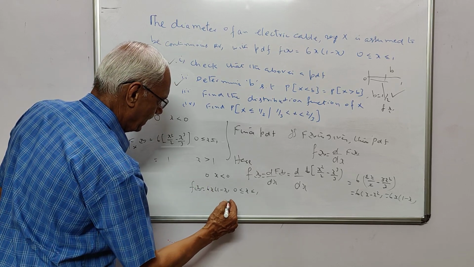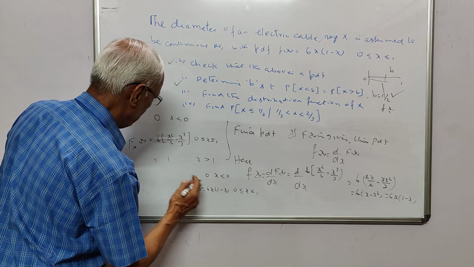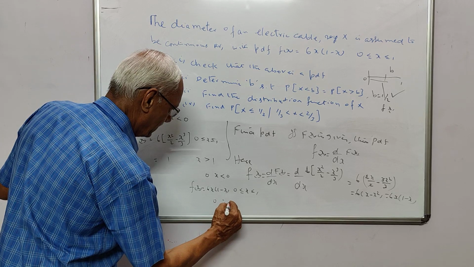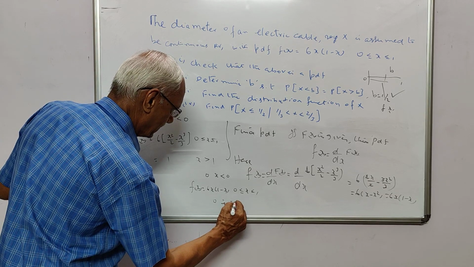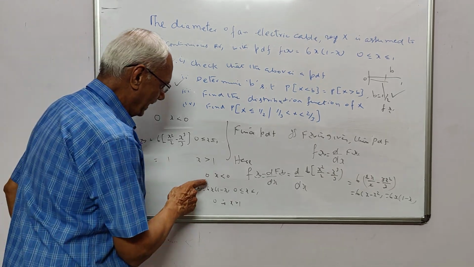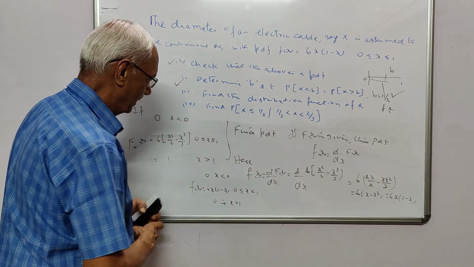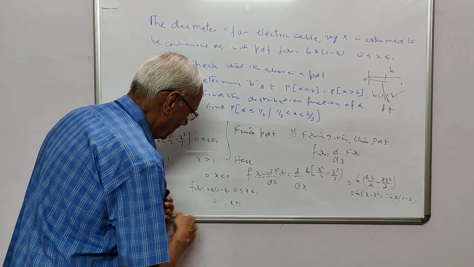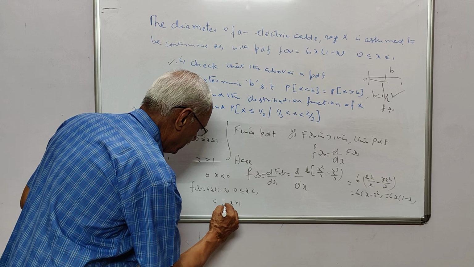See here, in this interval also, differentiation of this is 0 for x greater than 1. So for x less than 0 it is 0. You can write here if this is correct.